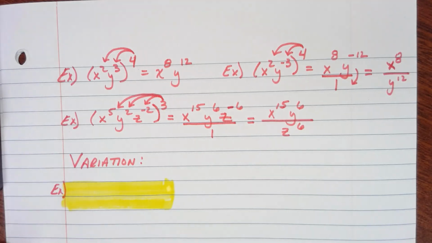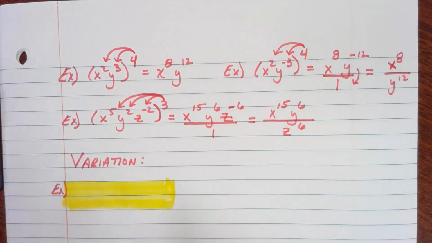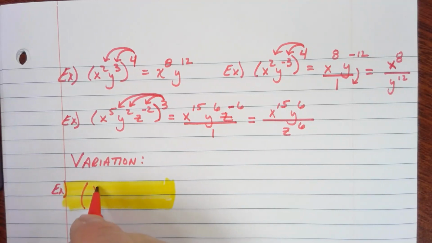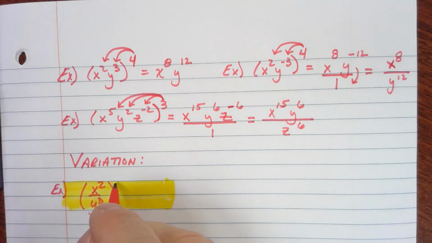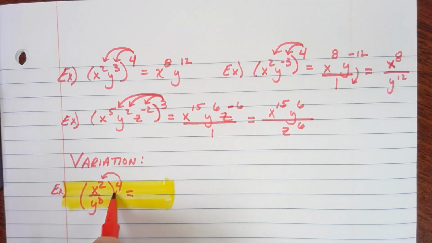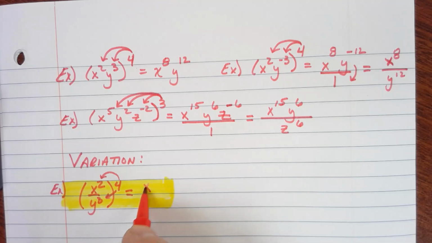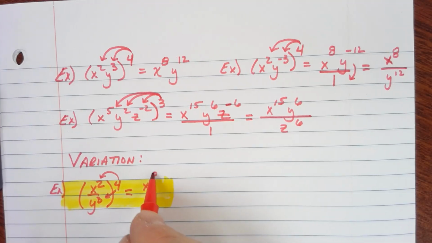It's the same thing here. X squared over y cubed raised to the 4th power. I am going to multiply the 2 and the 4 and the 3 and the 4. So this is going to be x to the 8th over y to the 12th.